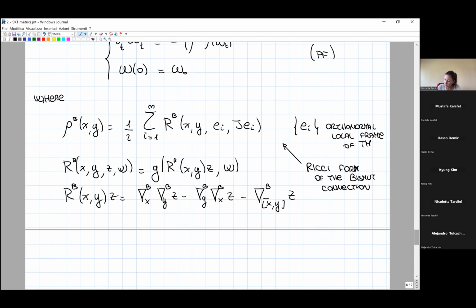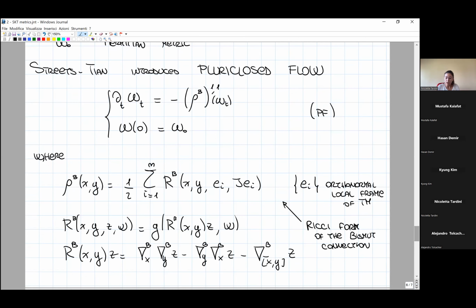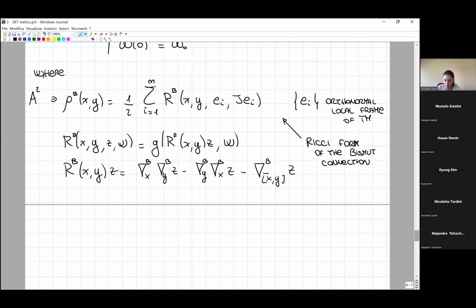Okay, and so in the flow, rho B is a 2 form. So it has one of its components of type 1,1. So we are taking the 1,1 component of the Ricci form.